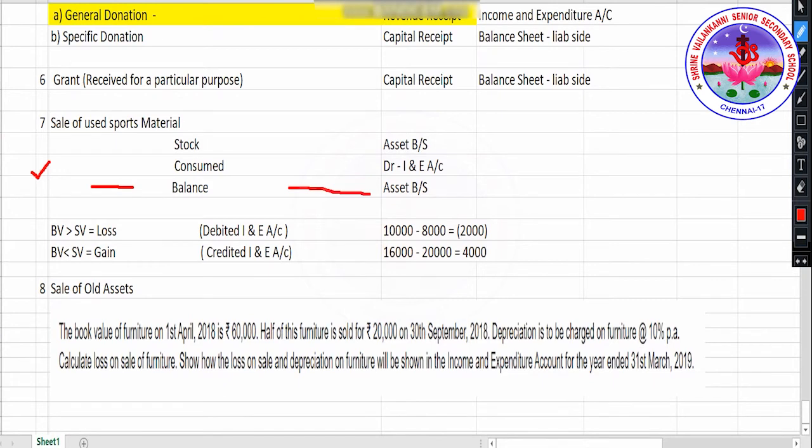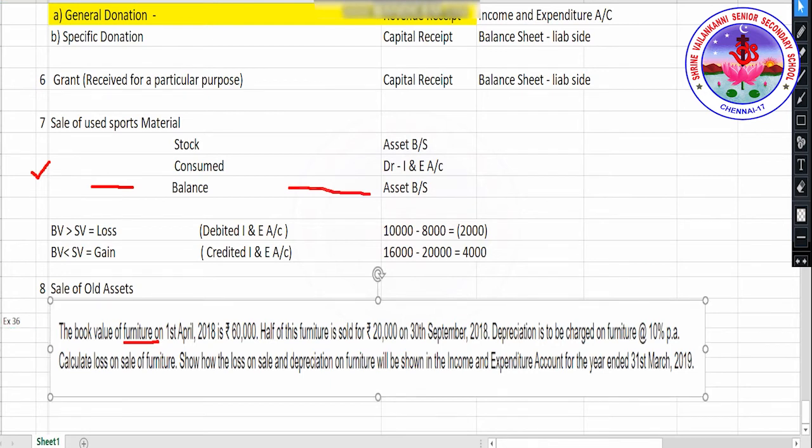I have taken this problem from the exercise question, exercise problem 36, so that it will be easy for you to understand. The book value of furniture on 1st April 2018 is 60,000.